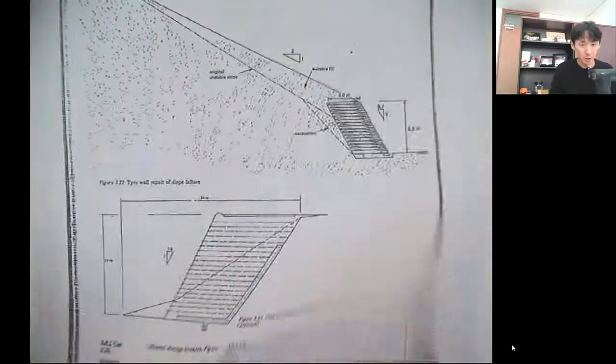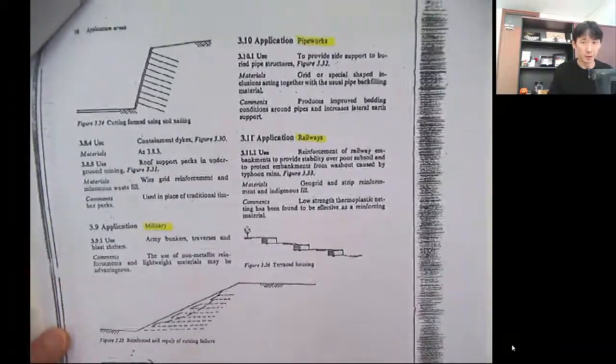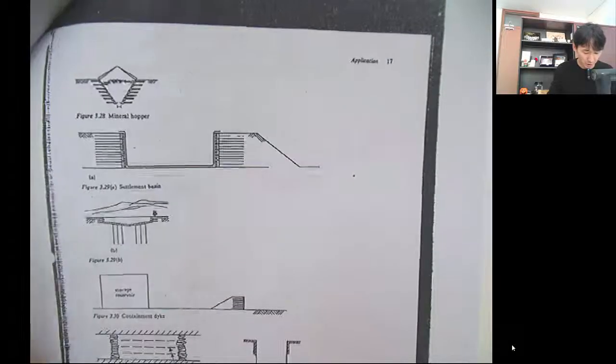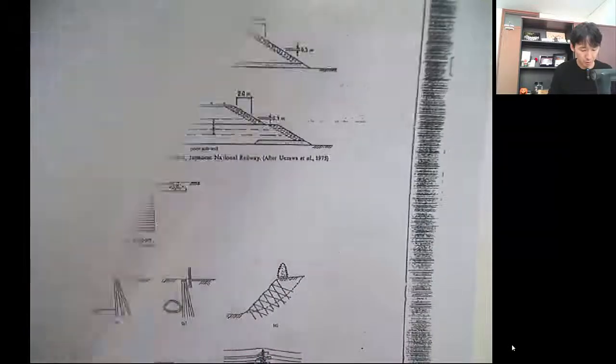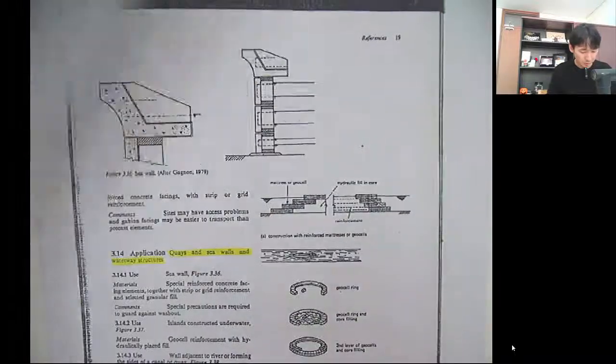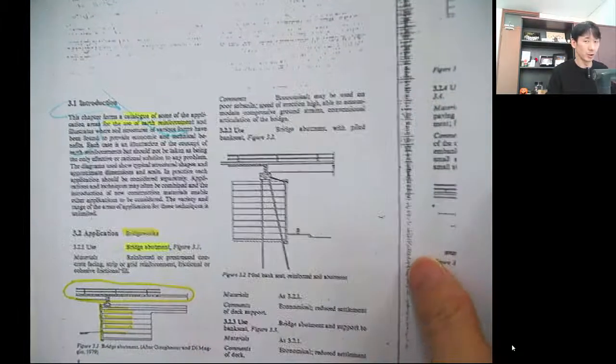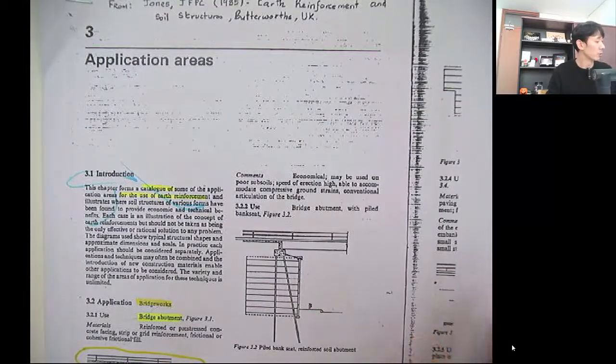So there are lots of practical applications, the railway and pipe works, etc., etc. So please take a look at this handout. Then we'll have some idea of how the soil earth reinforcement is applied in the geotechnical practice.